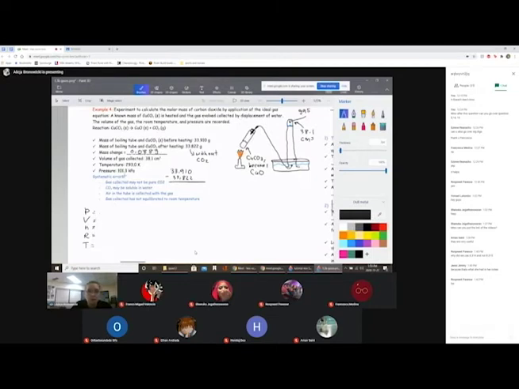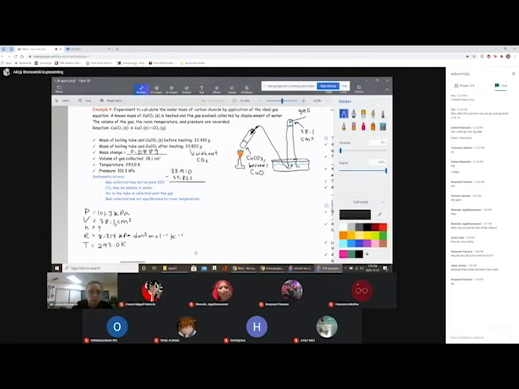For pressure, you'd look it up, 101.3 kilopascals. For volume, that's part of your experiment. The number of moles we're going to calculate. R is 8.314. And temperature is 293.0 Kelvin.